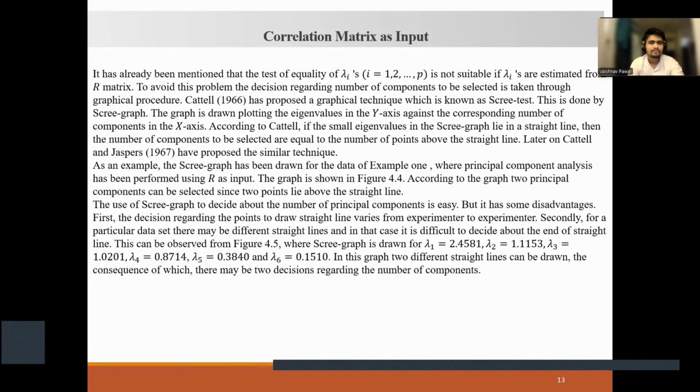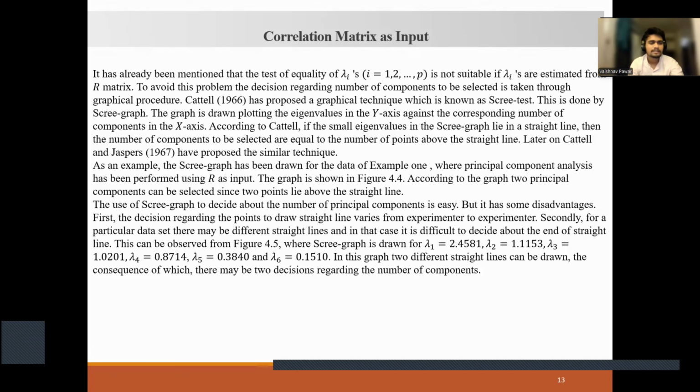Also, in the scree graph, plotting the eigenvalues on the y-axis against the number of components, the number of components to be selected is equal to the number of points above the straight line. Later on, Cattell and Jolliffe proposed a similar technique.